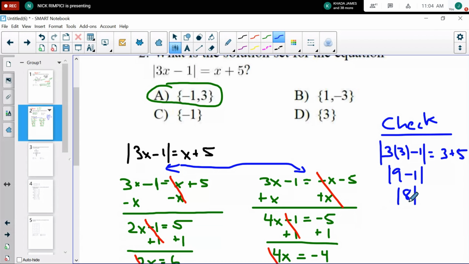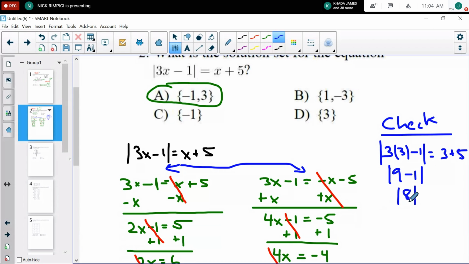Okay, and just like I did earlier, I'll handle the left side first. 3 times -1 is going to give me -3. -3 minus 1 is going to give me -4. And then the absolute value of -4 is 4.